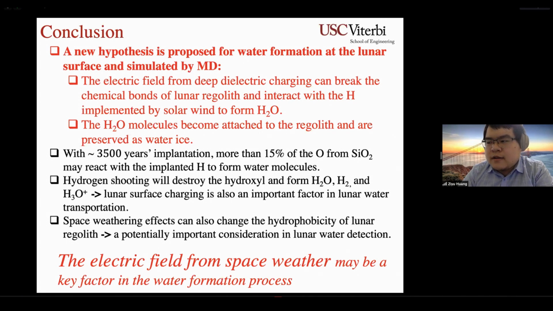Hydrogen ions are also captured, which could potentially become an important factor in lunar water transportation. The change of hydrophobicity could be another outcome of space weathering and deep dielectric charging. But anyway, the electric field from space weather may be a key factor in the water formation process.